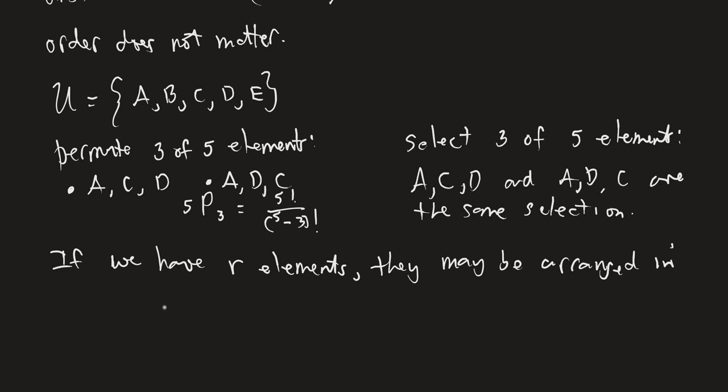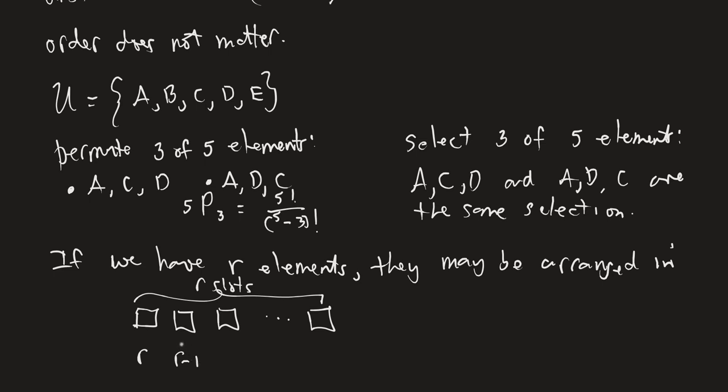Think of it this way: we have R slots, or spaces or boxes, and we have R elements that we are going to arrange in these R slots. For the first slot, we have R elements to choose from. But after we've placed one of those R elements in the first slot, to fill the second slot, we now have R minus 1 left.